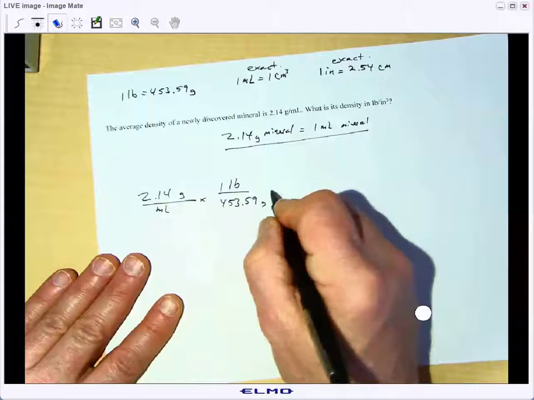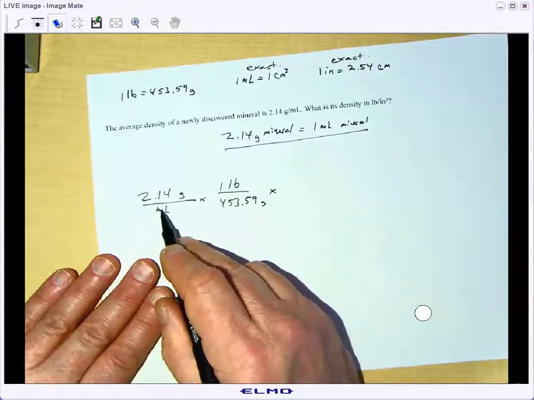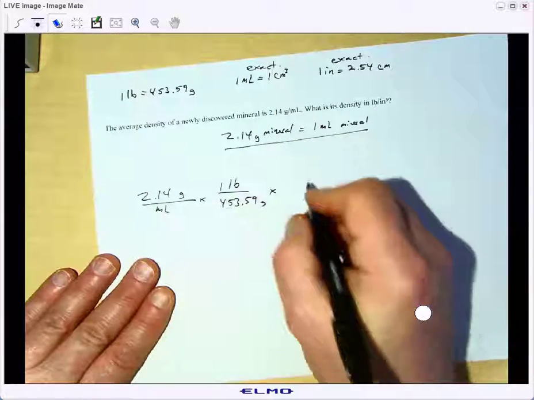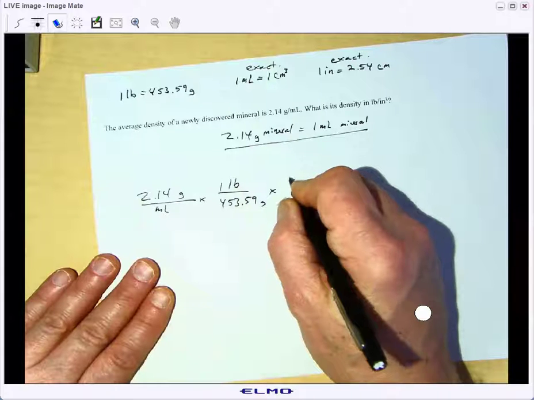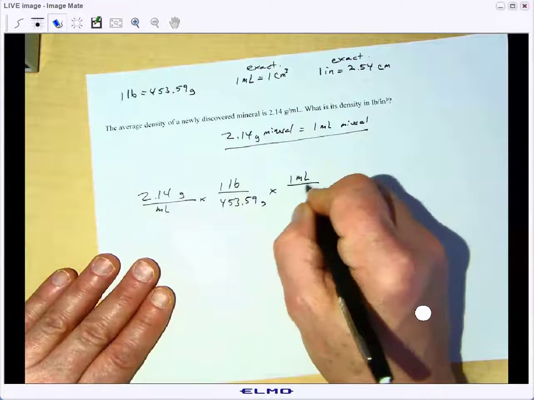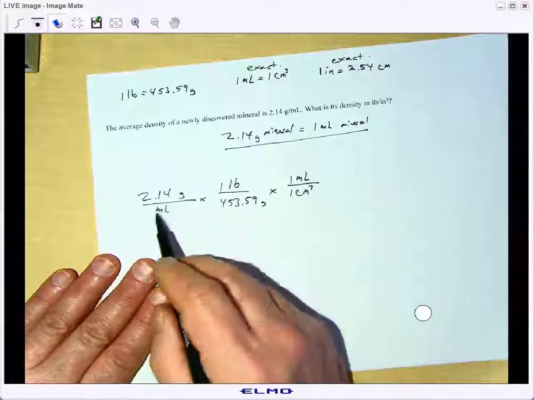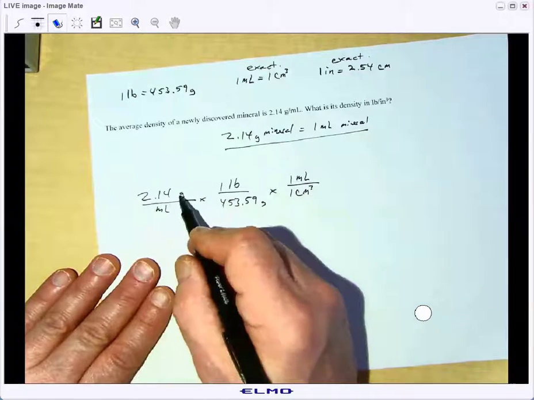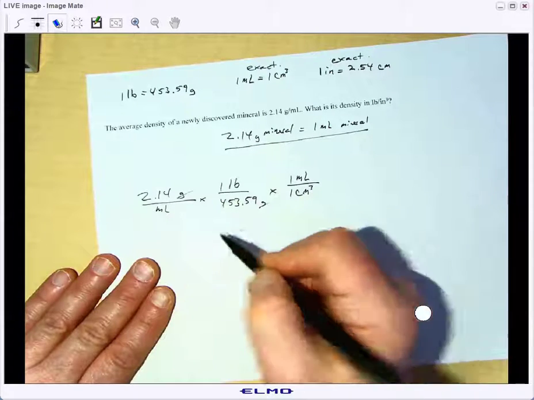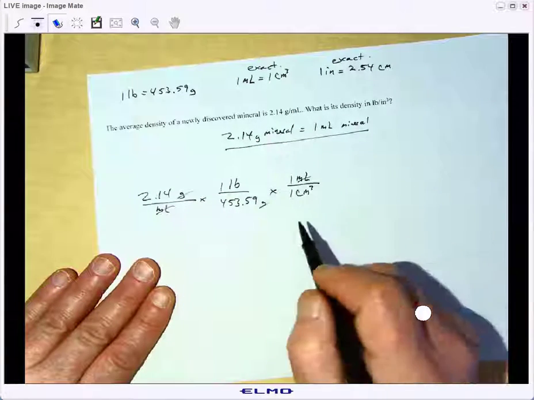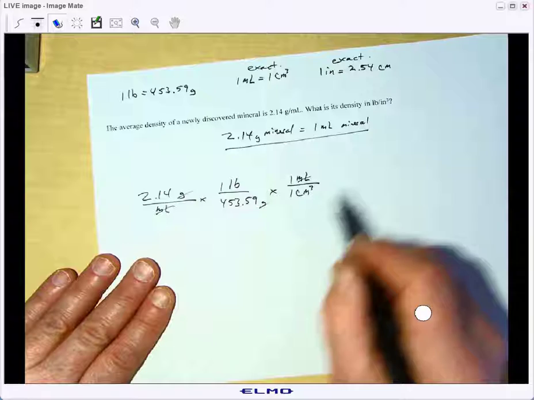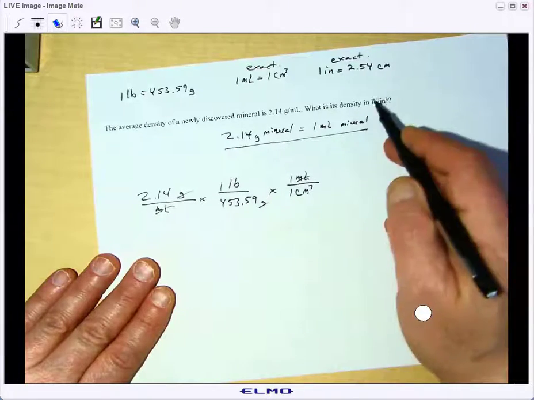Now we want to convert mL. The conversion we have is to cubic centimeters. So 1 mL per 1 cubic centimeter. Now, why did I know that one on top? Because mL is on the bottom here, right? So we wanted grams to cancel with grams, and we want mL to cancel with mL, right? So pounds are on top now, which is where we want it.